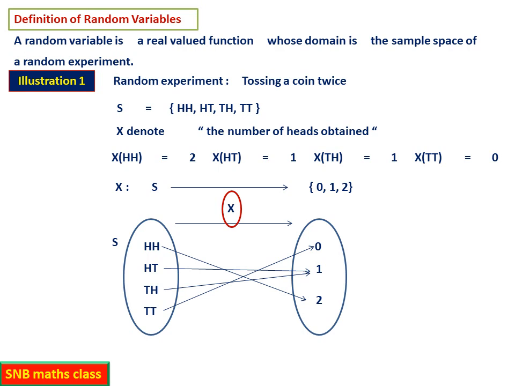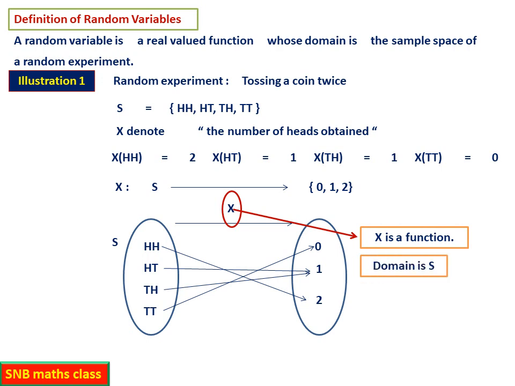So this is the meaning of the function. X is a function, that is the first thing. Second, what is the domain? The domain is S. And what is the codomain? X is a real valued function, so the codomain is of course a subset of the real numbers.